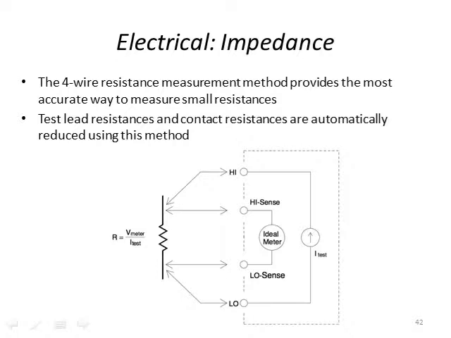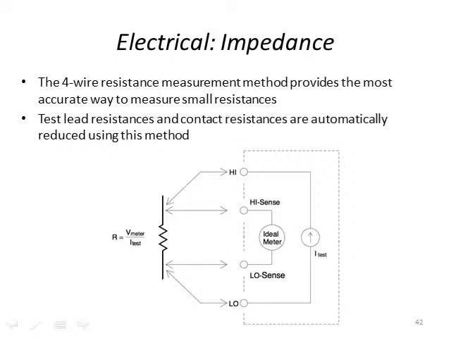So in the high and low terminals, you force a current through your device under test. And then you have another set of elements that taps in to only measure the voltage. So this ideal meter has an extremely high input impedance, so ideally no current, or very small levels of current, go through the high sense, low sense terminal connections.